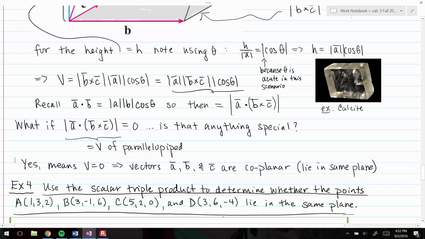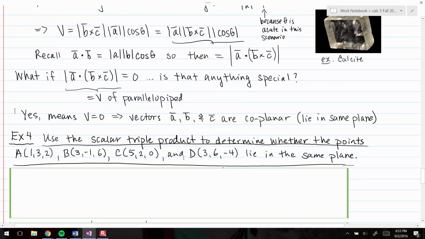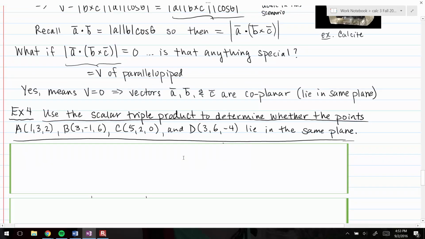When the scalar triple product is equal to 0, what that means is that the vectors a, b, and c are coplanar, which means they lie in the same plane, and you're not throwing in that 3D component in any meaningful way. They're not out of plane from one another. They're all in the same plane, or in other words, that parallelepiped has 0 volume. It doesn't exist as a real 3D object.